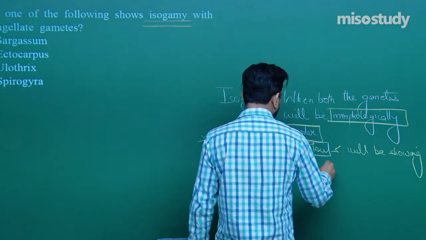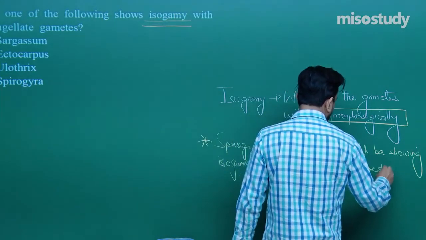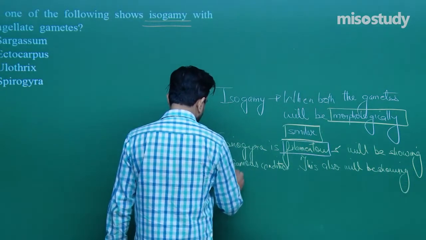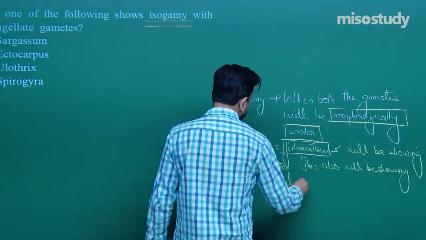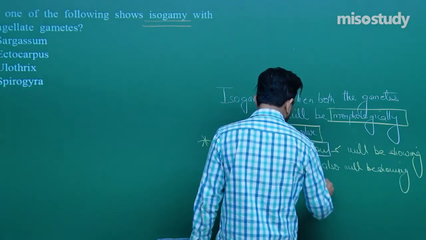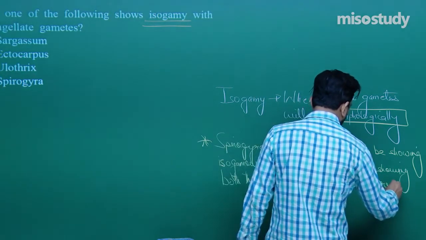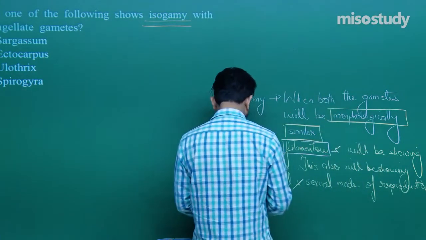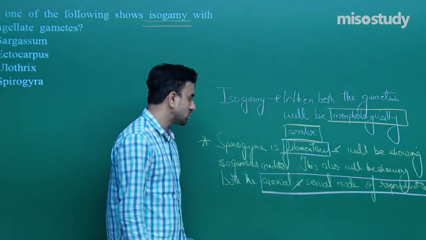This also shows both the asexual and sexual modes of reproduction.